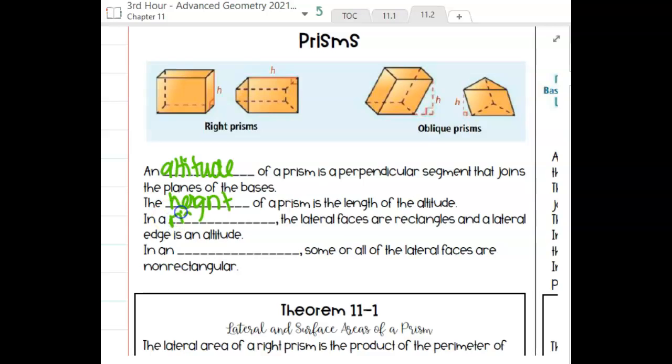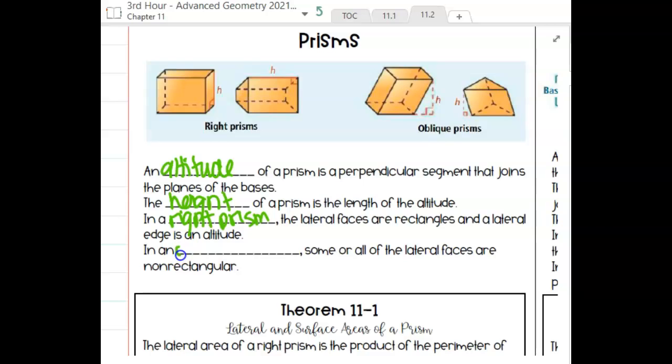In a right prism, all of the lateral faces are rectangles, which means the lateral edge is going to be that altitude. It just means in a right prism, it's not tilted. It's not like the Leaning Tower of Pisa. Just go straight up and down.